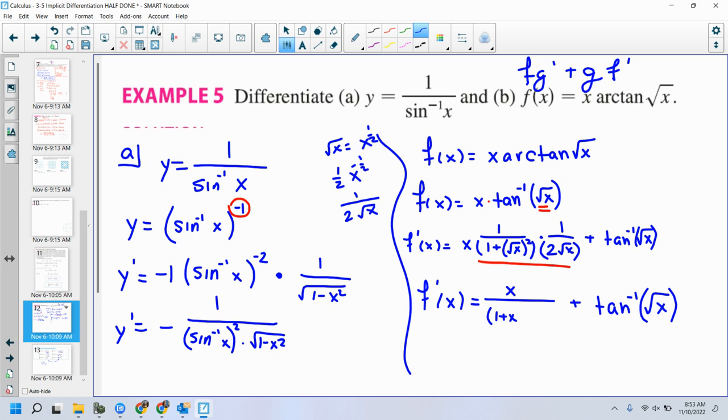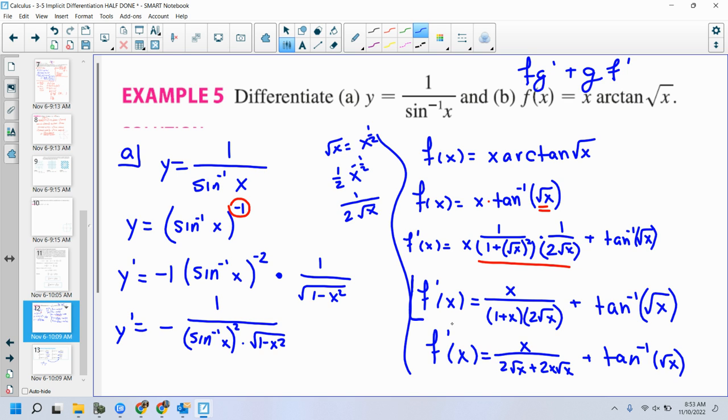That is 1 plus x times 2 radical x, right? So on the bottom, just to finish that off, that'd be x, 2 radical x, plus x times 2 radical x. That's just 2x radical x, plus inverse tangent of radical x.